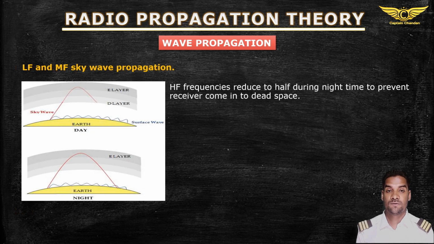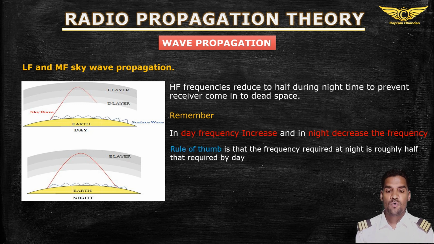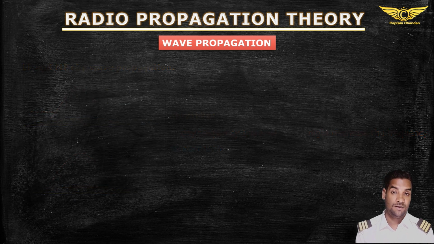This is very important. HF frequency is reduced by half during night time to prevent the receiver coming into dead space. So remember, in the day increase the frequency and at night decrease the frequency. The rule of thumb is that the frequency required at night is roughly half that required by day.